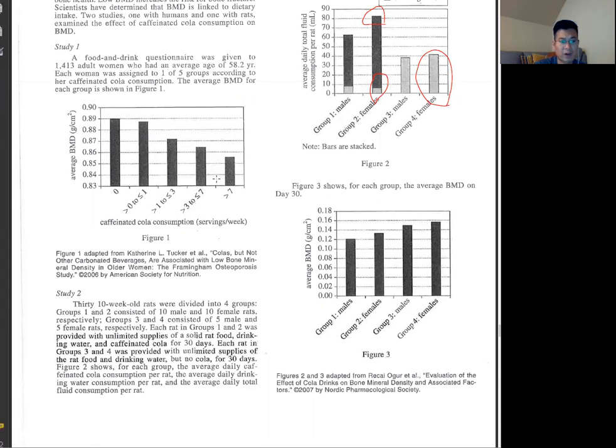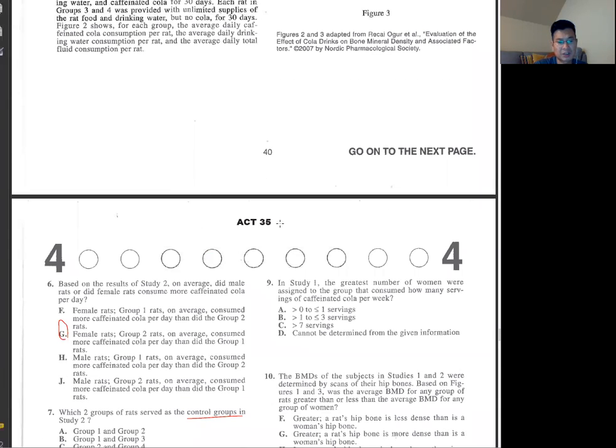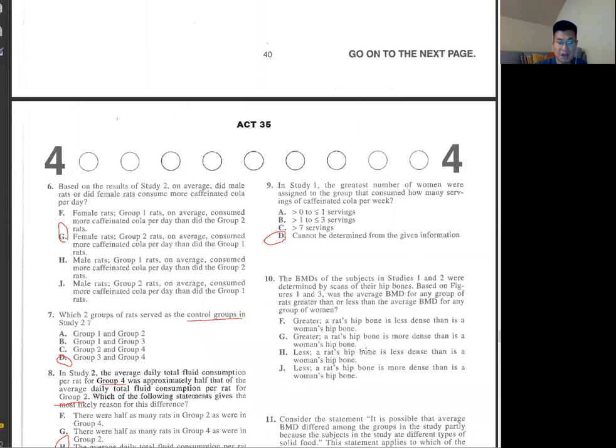You see the graph of average BMD, but it doesn't specifically say how many women were assigned. So we don't know. When you read the answer choices, if you have something like cannot be determined, in the back of your mind you should have an idea that it might be the answer. Don't fall into the trap of thinking you have to find the right answer all the time, or you just waste your time.